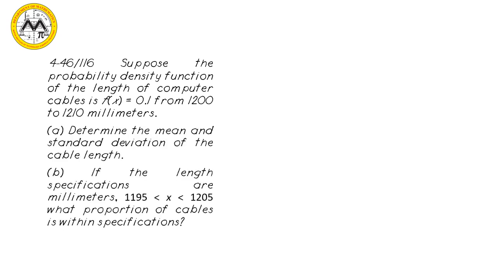Suppose the probability density function of the length of a computer cable is 0.1 from 1200 to 1210. So for the mean, it would be 1200 plus 1210 over 2. So that's 1205. For variance, it would be 1210 minus 1200 squared over 12.